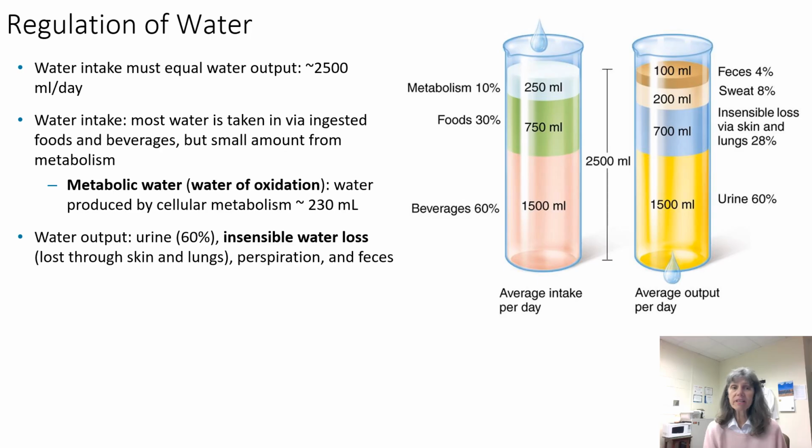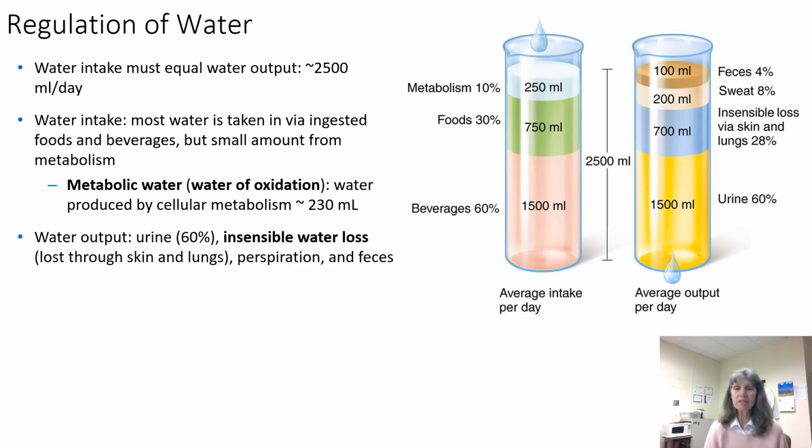When we talk about water regulation, there's an exchange of fluid every day that occurs with our body that's roughly 2.5 liters a day. And our water intake is mostly going to occur by what we drink and what we eat.